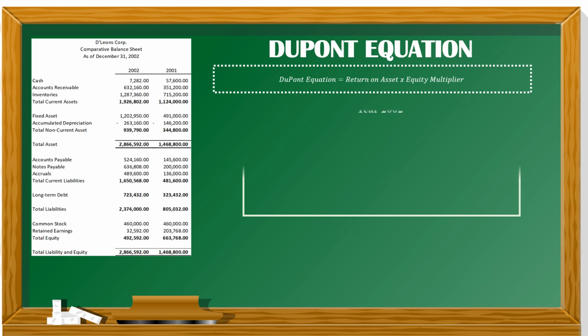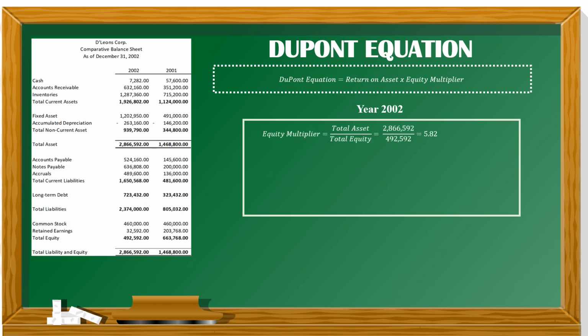Here in the example, we will be computing the DuPont equation, or the ROE, for year 2002. So we will first compute the equity multiplier, that is total asset divided by total equity. For year 2002, the total asset is 2,866,592 divided by 492,592, that is equal to 5.82 equity multiplier. So now let's get the ROE using the DuPont equation.